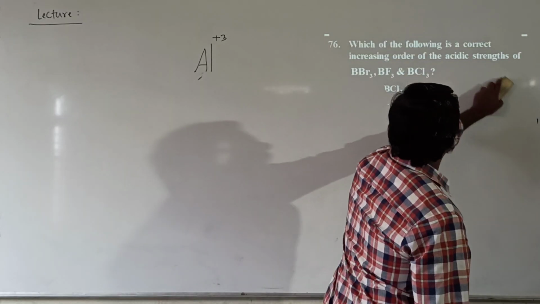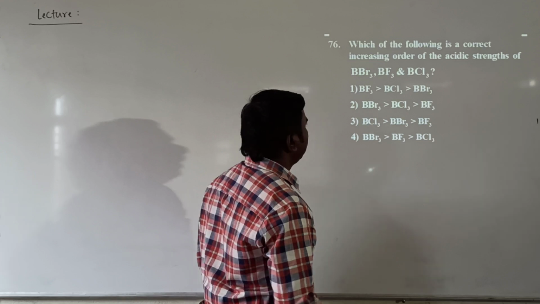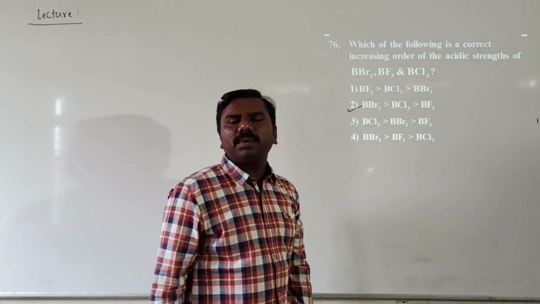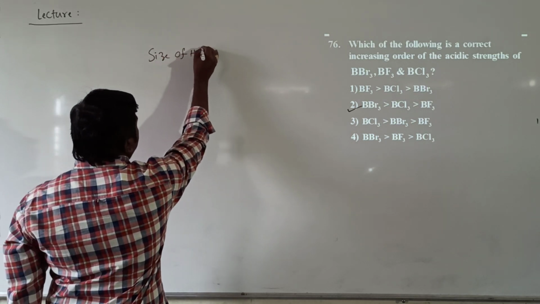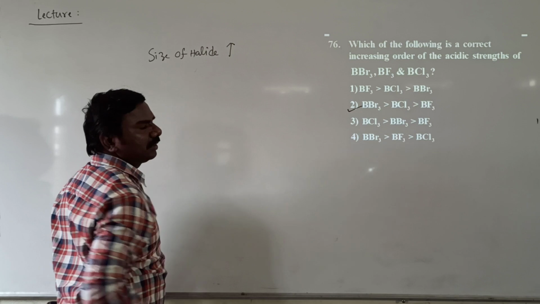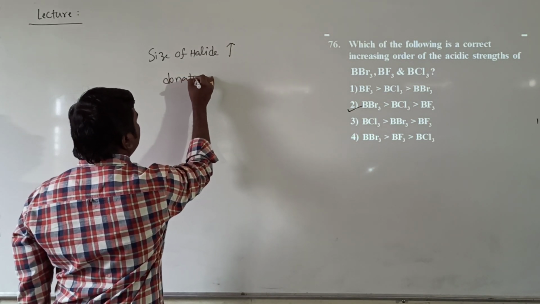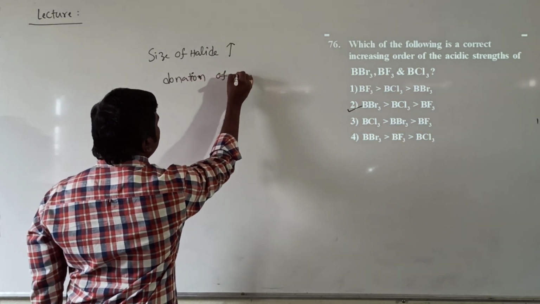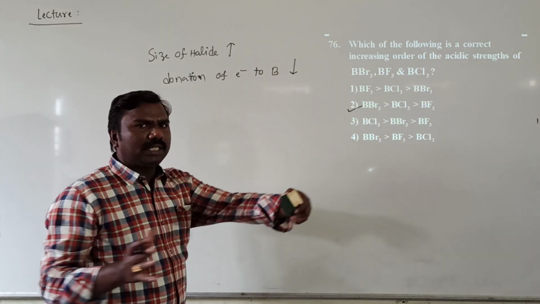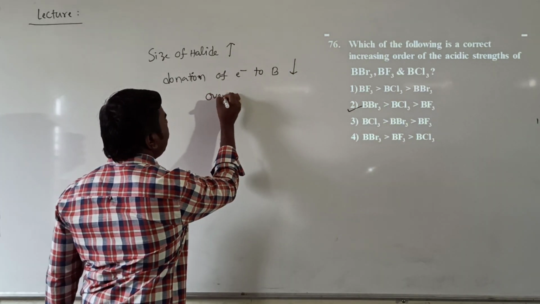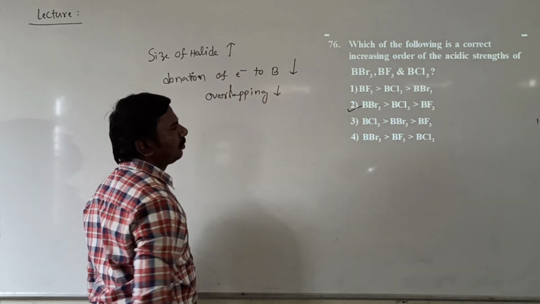Which of the following is the correct increasing order of acidic strength? The answer is BBr3, BCl3, BF3 in the order of size. As the size of the halide ion increases, donation of electrons to boron will decrease because overlapping decreases.